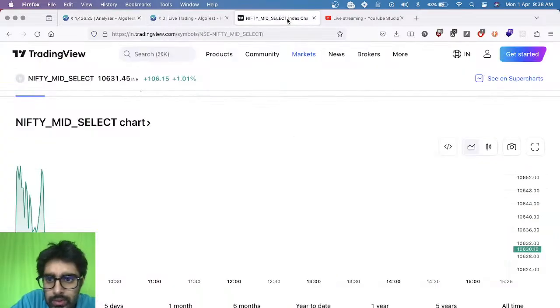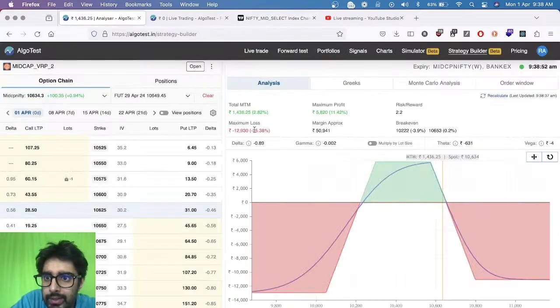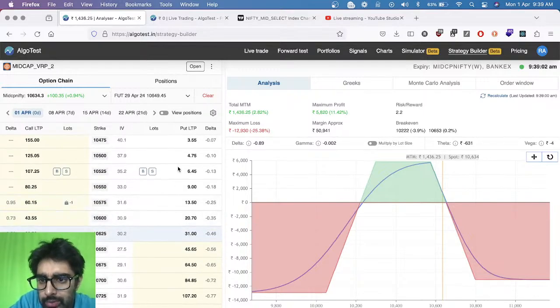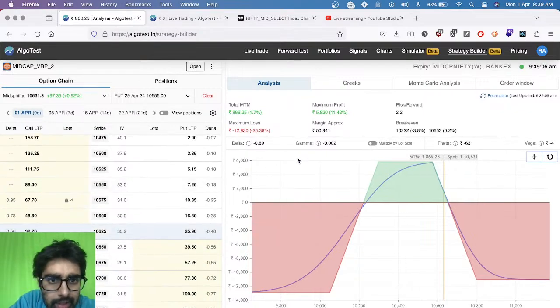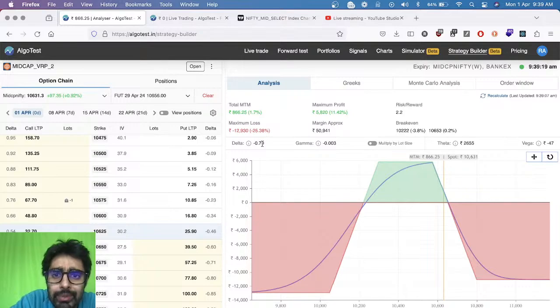I would still want to get this double checked by our guys as to why the price feed is not updating. I have logged in to my broker, though that shouldn't matter, but it should at least update once every minute. Anyway, whatever the fluctuation in my PNL is right now, guys, it's coming purely from delta. For every 1 rupee move up in mid cap, I'm going to lose like 70 paisa on the mid cap side, because I'm so close to being 1 delta.